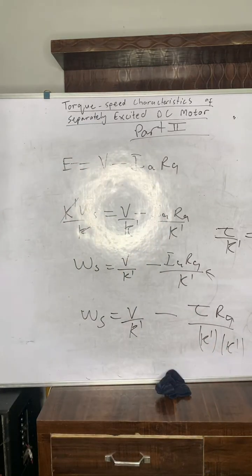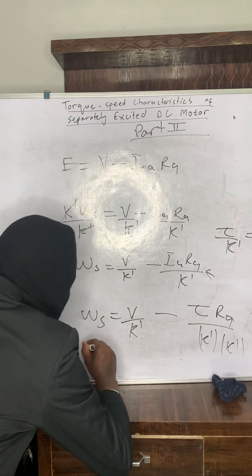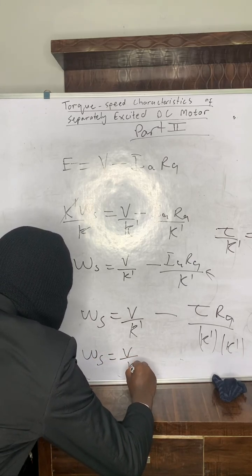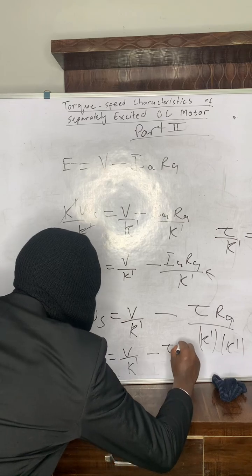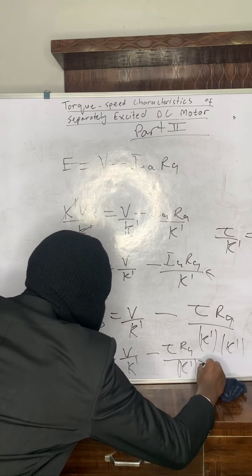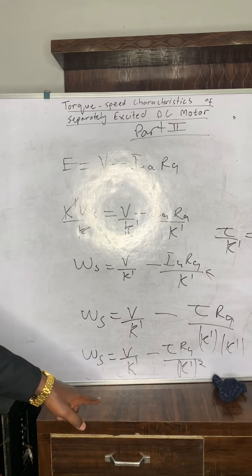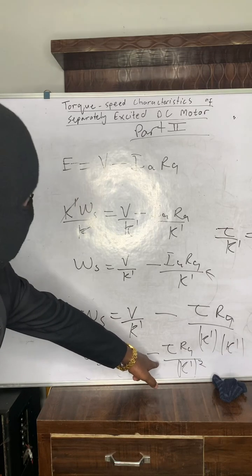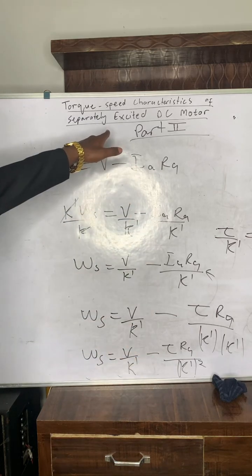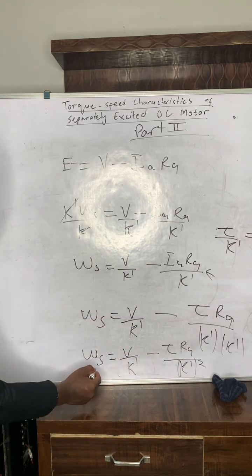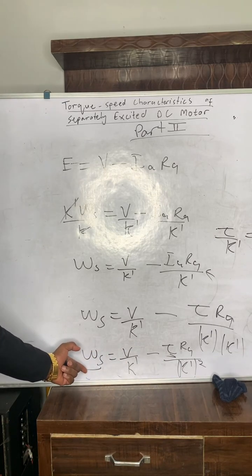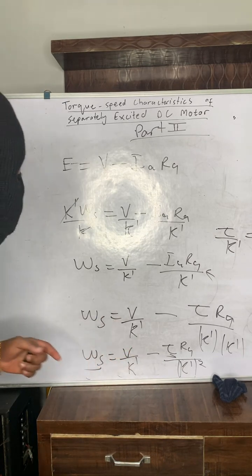Now we have two K dashes, so omega S is equal to V over K dash minus tau RA over K dash squared. This is the equation of the torque speed characteristic. You can see that we have speed here and torque. Thus, the torque speed characteristics can be derived from this equation.